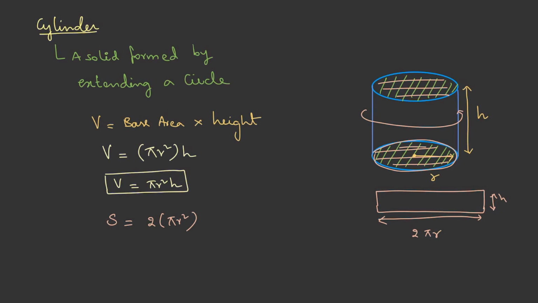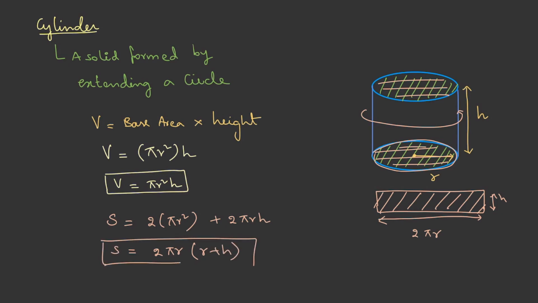This is basically a rectangle, therefore I can calculate the area as length into breadth, that is 2 pi r into h. Taking 2 pi r common, we are left with r plus h. So this is the formula for the surface area of a cylinder, 2 pi r into r plus h.